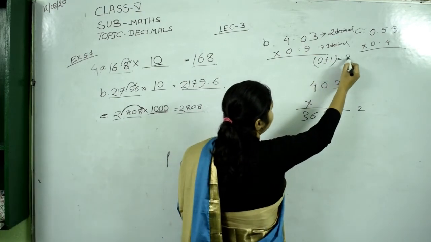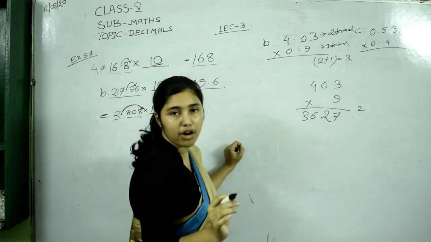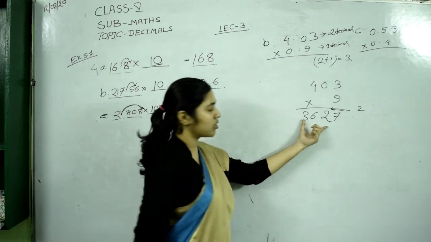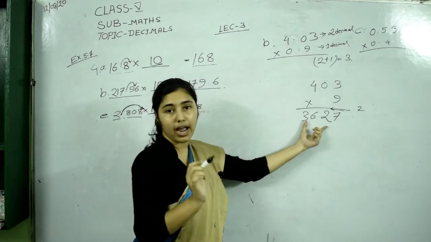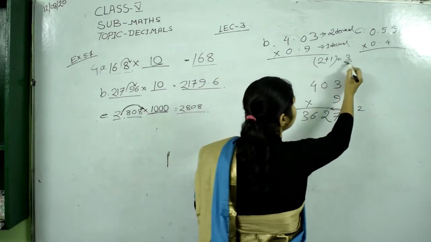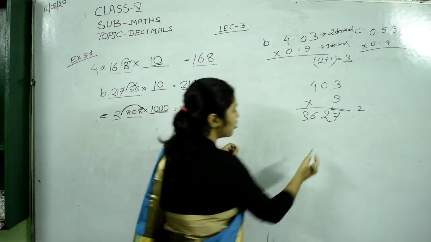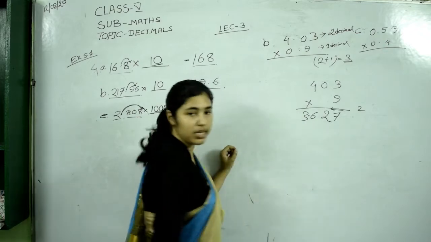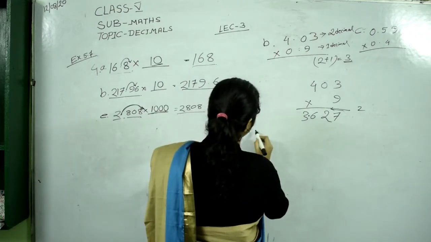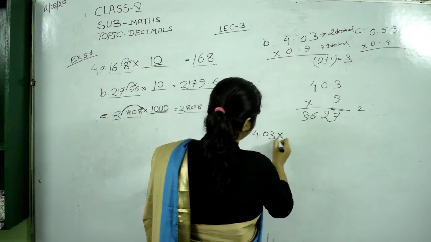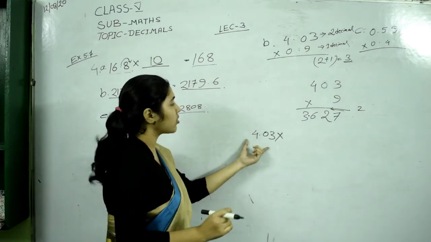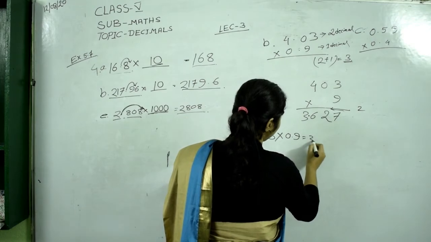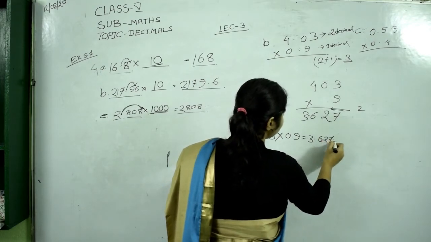So 2 plus 1 equals 3. Now insert the decimal point in the product from right at 3 decimal places. So 1, 2, 3. So insert the point here. So our answer, which means the product of 4.03 and 0.9, is 3.627.